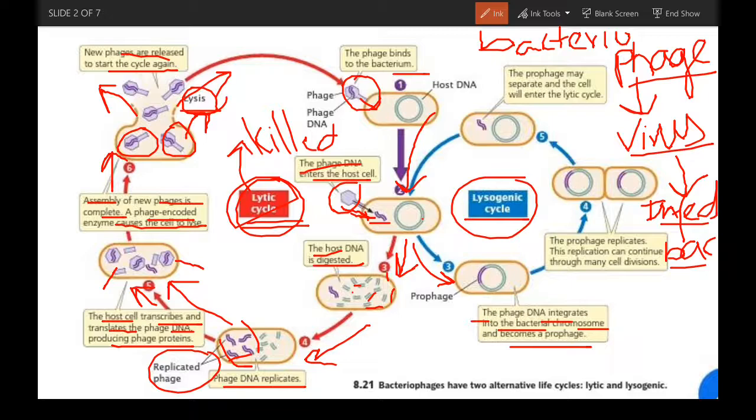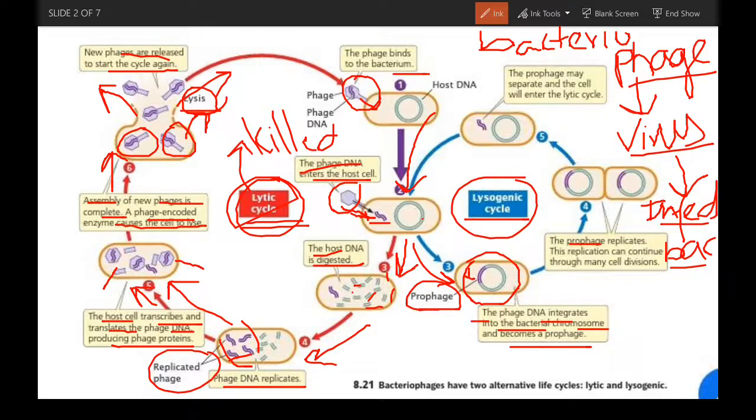So the phage DNA entered into the cell and recombination occurred, and here a prophage has been formed. A prophage means the bacterial chromosome recombined with the virus or phage DNA, right? So a prophage has been formed, which has an integrated viral DNA within it.